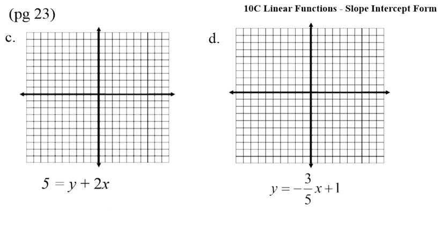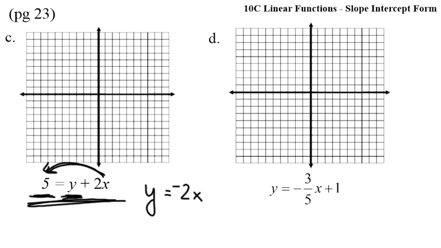All right, here we go for C. Hopefully you noticed with C that y wasn't by itself. I like the y because it's positive, so we move the 2x over. That's going to leave me with a y by itself. When 2x goes over, it becomes a -2x, and it's with the positive 5.